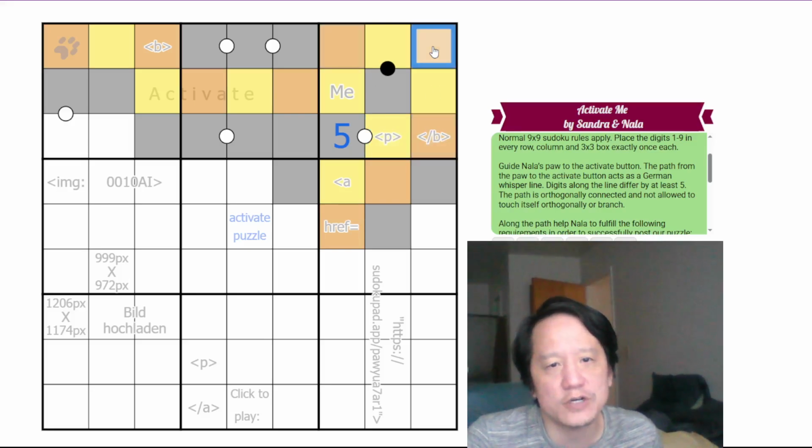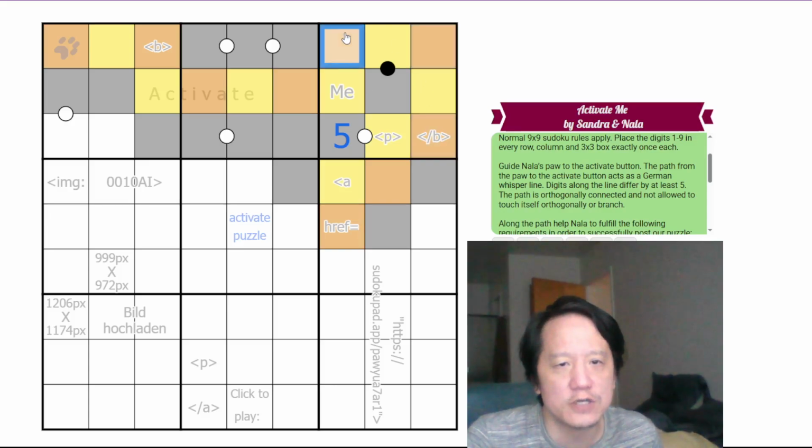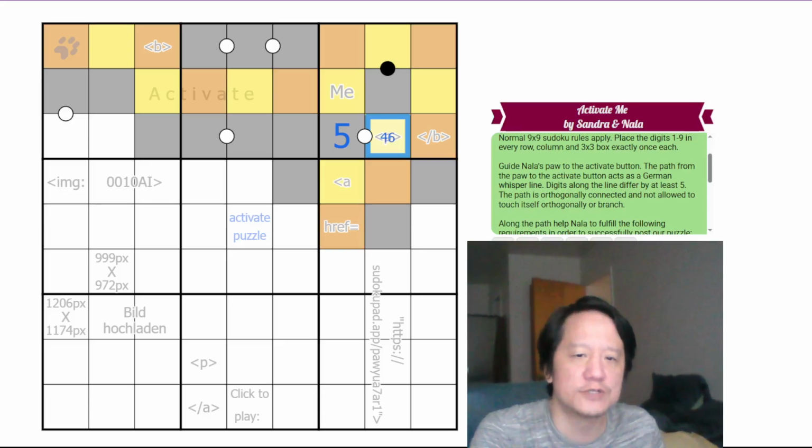These orange cells are next to 2 unique digits on the whisper 5 line. This is 4 or 6, which is next to 1 or 9, respectively. If it's 4 here, these both must be 9. If this is 6, these both must be 1.